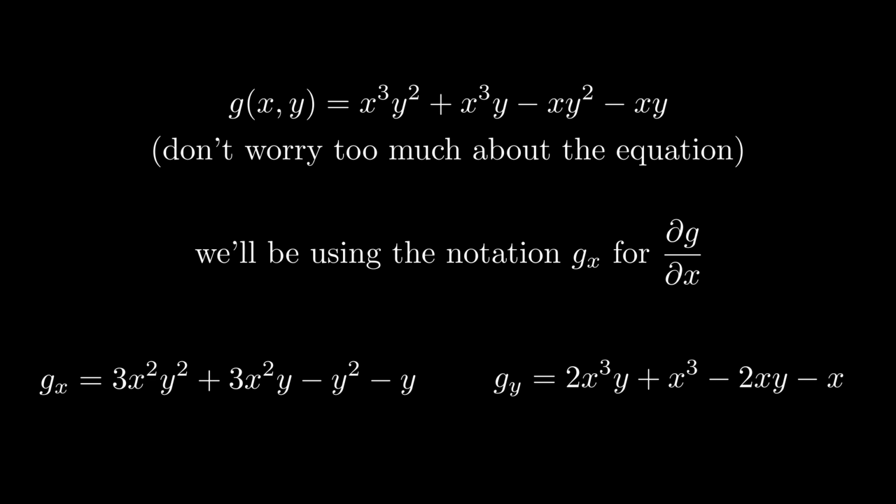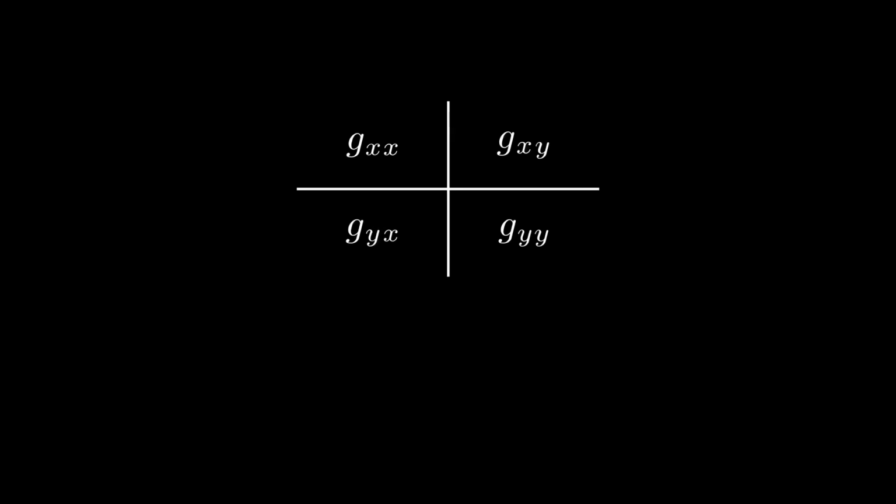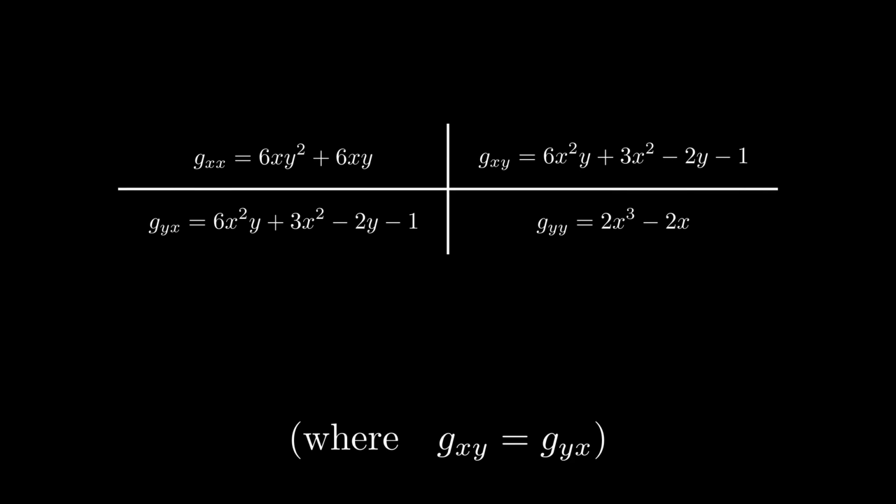This implies that when we take the partial derivatives of these partial derivatives, we must also take them both with respect to x and to y. As such, our second partial derivatives are the second partial derivative of g with respect to x and x again, the second partial derivative of g with respect to y and y again, and the second partial derivative of g with respect to x and to y.